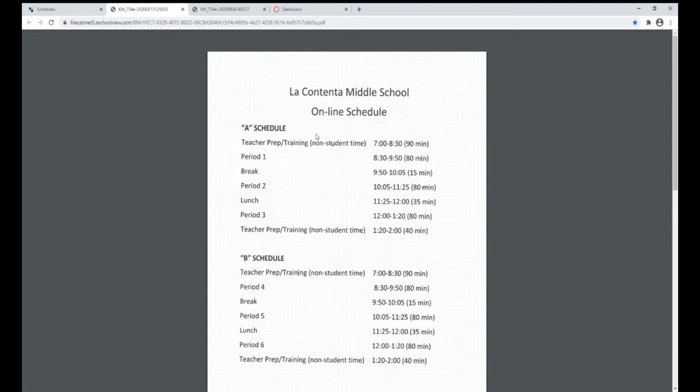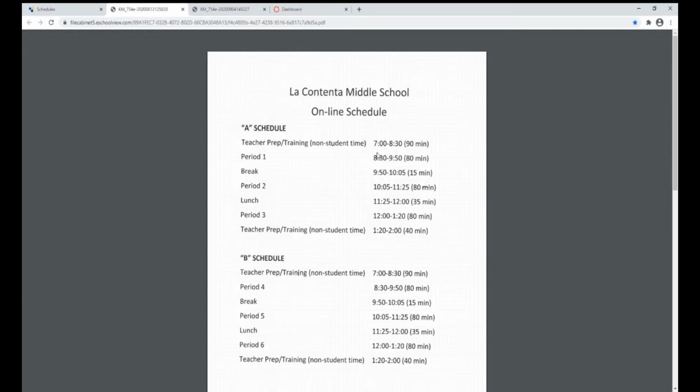So here we can see our bell schedule, right? That's the way we used to run classes when we were all on campus, with the bell. There's no bell anymore, but we still have a schedule. And you can see all the time windows here for an A schedule are the exact same intervals as they would be on a B schedule.